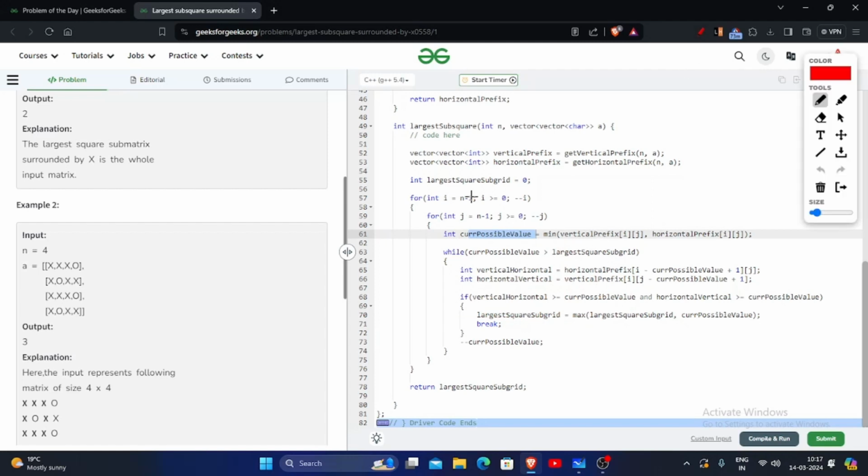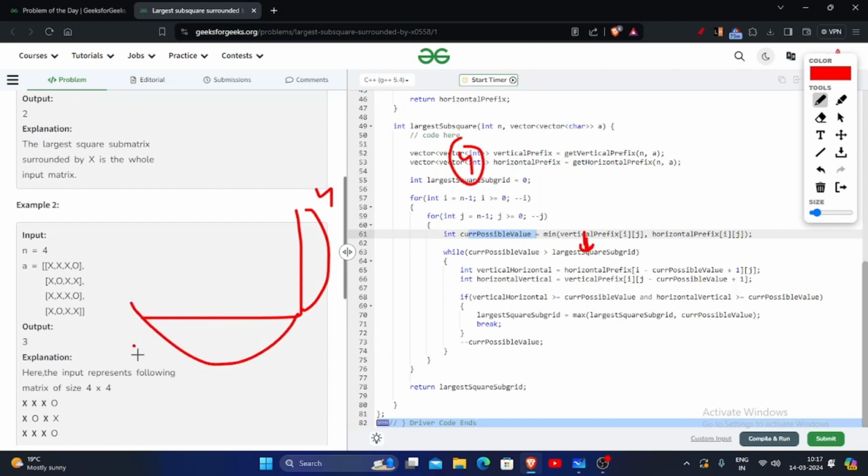The jump, let's say it is 4. This value is coming 4. So I'm checking if it is greater than my current answer, that means this can be a possible answer. So I jump to 4. The same thing I'm doing here. Let's say I'm at ij. And if I have to jump 4 vertically, I will actually do my i minus 4 plus 1.